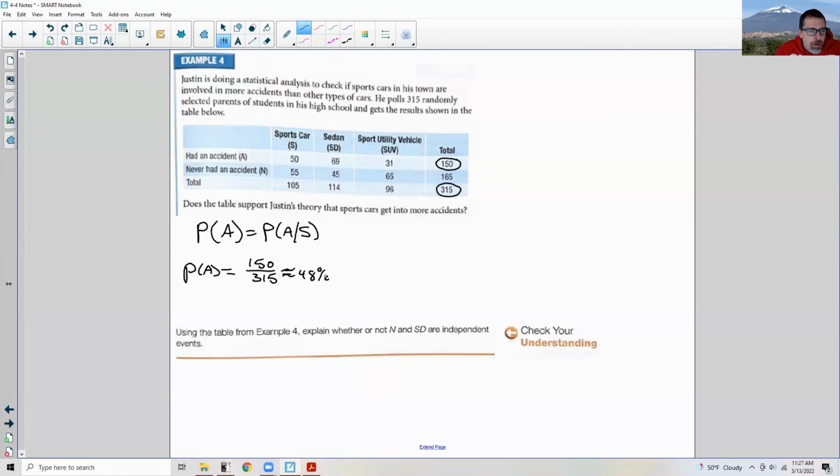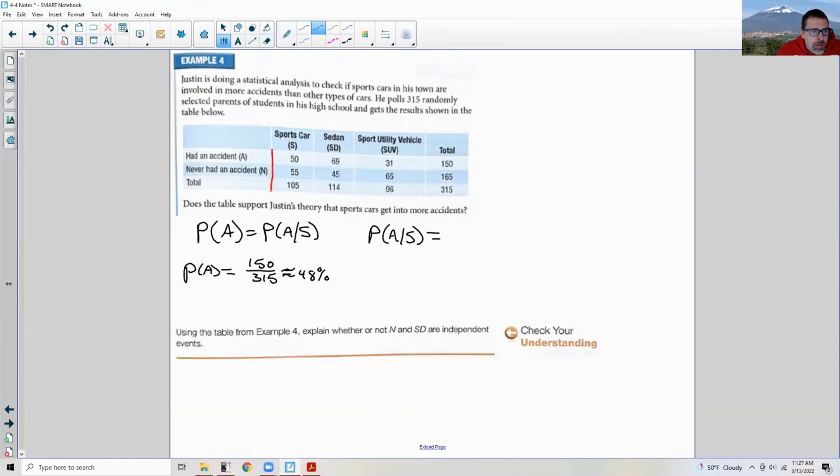Now, what I want to know is if this is going to come out to be the same or different. If they're equal, then they're independent events. So now I'm going to take the probability of A given it's a sports car, probability of an accident given they're sports cars. So now let me erase this and I'll do this one in red.